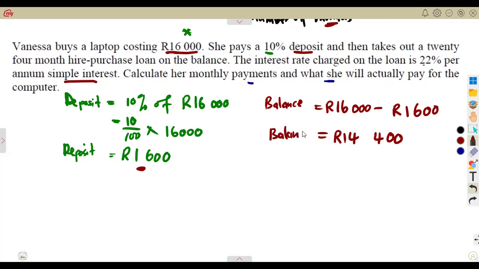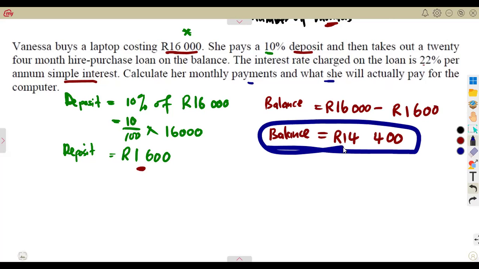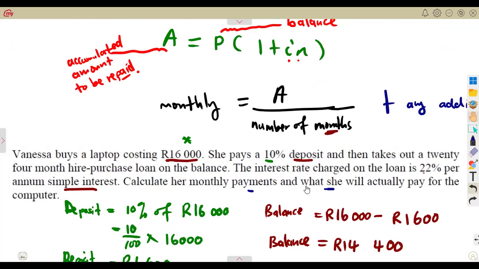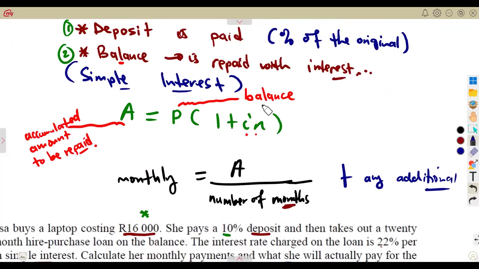And like I said, you are not going to repay this balance as it is. You are going to repay it with interest. We take that balance as our principal to calculate the amount to be repaid, because this is a loan.